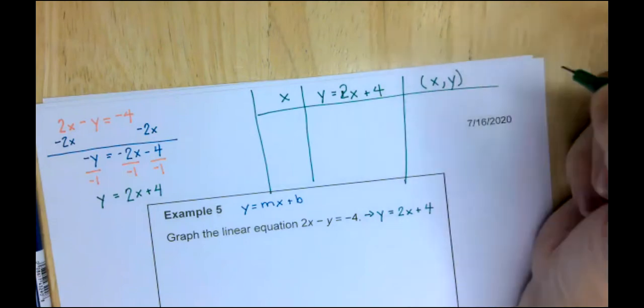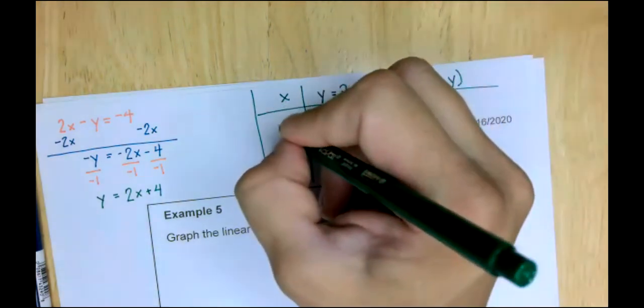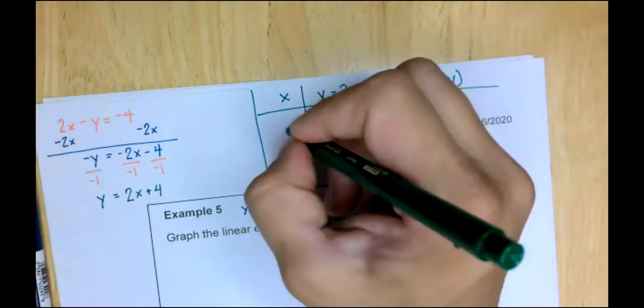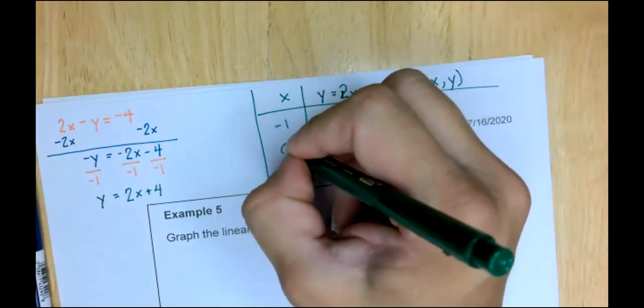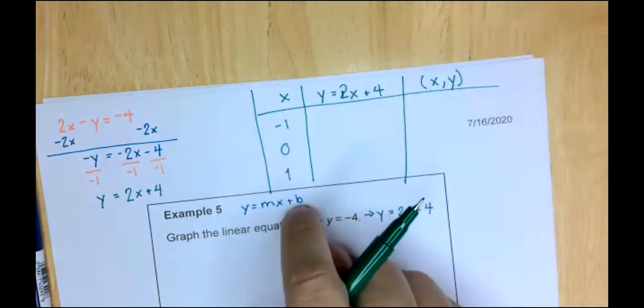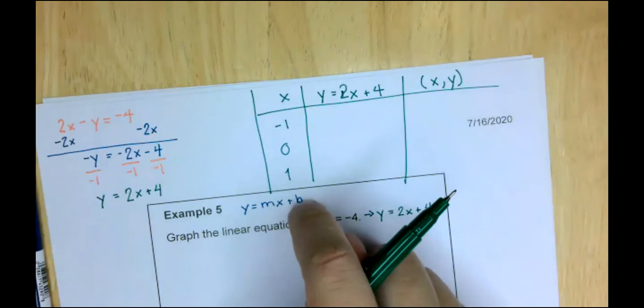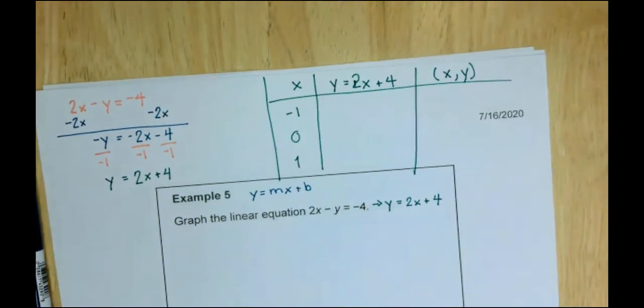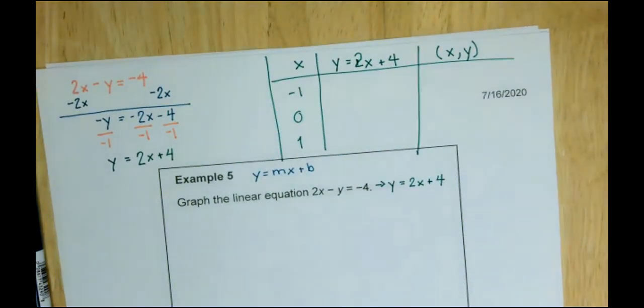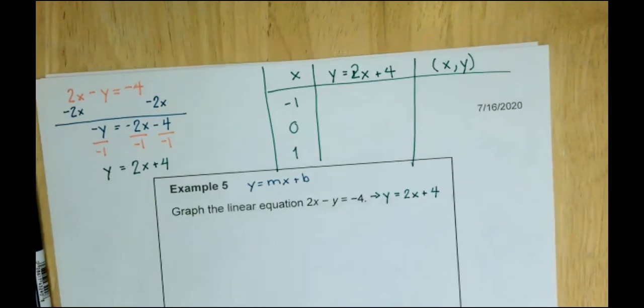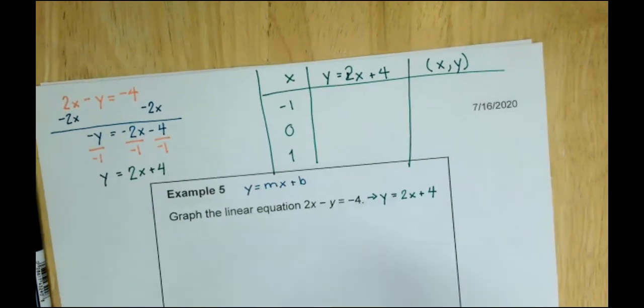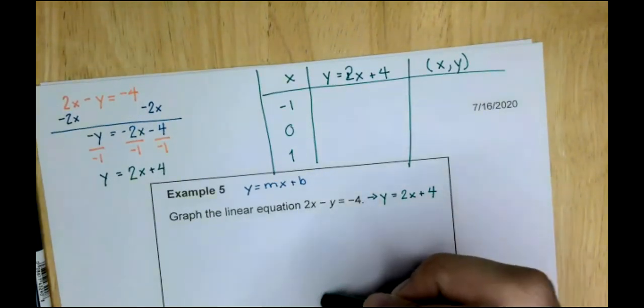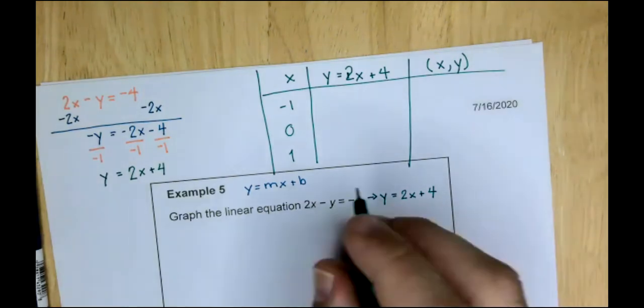X, y coordinate point. Again, I want easy numbers. -1, 0, 1. And I always want to do 3 to make sure that I can make a line, because with 2 points, you don't really know if you've made a mistake or not. But with 3 points, you're like, do those 3 points line up or do they not? You kind of know if you made a mistake or not.